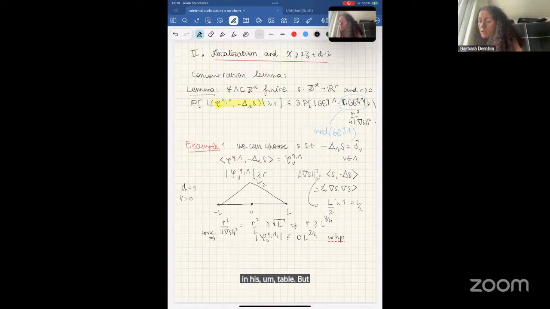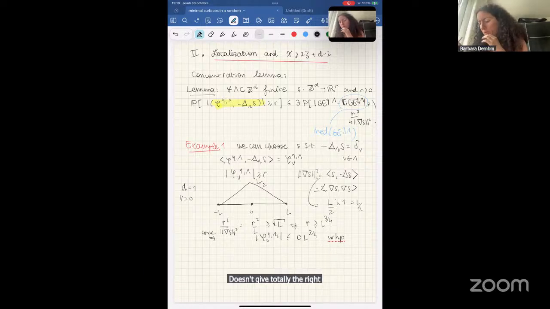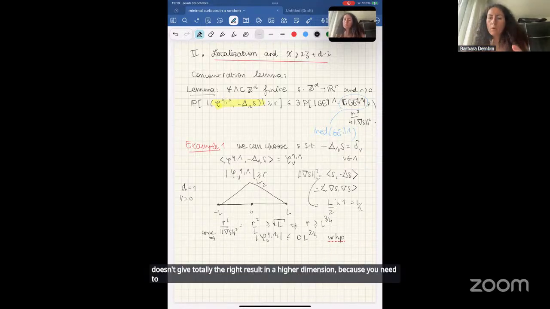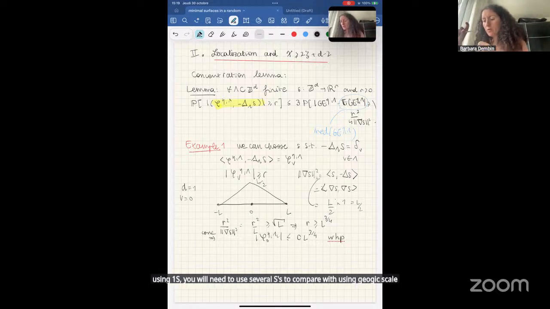But this is not the right way. You can think, okay, now I can do the same in dimension 2 and higher, but it will not work well. In dimension 2 you will have a log loss compared to the result Ron presented, and it doesn't give totally the right result in higher dimension, because you need to do some multi-scale analysis instead of directly using one S. You will need to use several S and compare, using geodesic scale to the increase over geodesic scale.